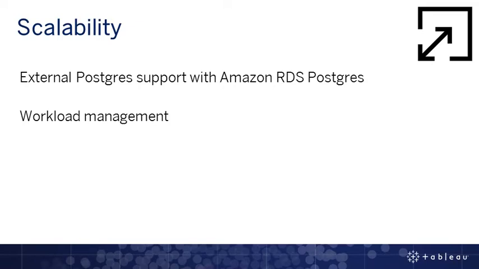By being able to externalize this database into a service like Amazon RDS Postgres, you can take advantage of enhanced scalability, reliability, high availability, even security beyond what the embedded Postgres database might be able to do.